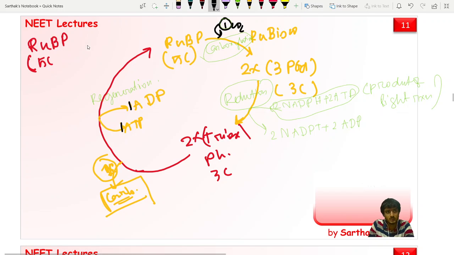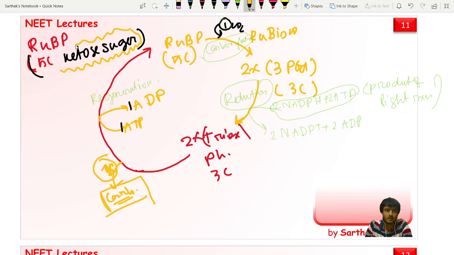This point is given in NCERT. Look very carefully in NCERT, that RuBP is a 5 carbon ketose sugar. Ketose sugar is very important. I forgot to tell you this point. This is a very important point.